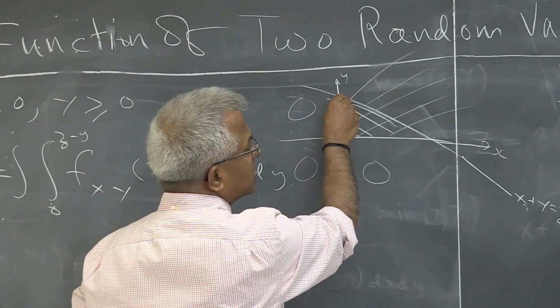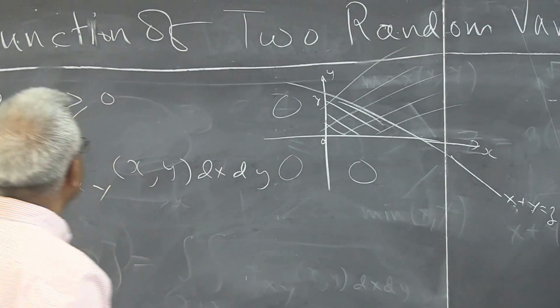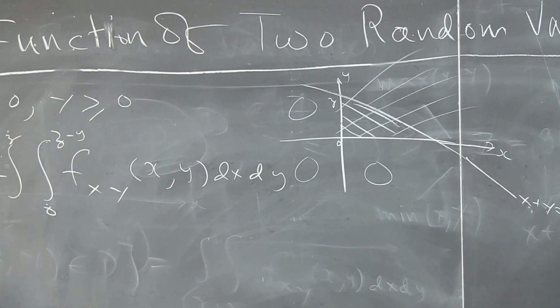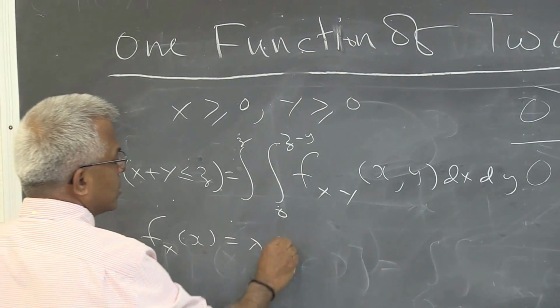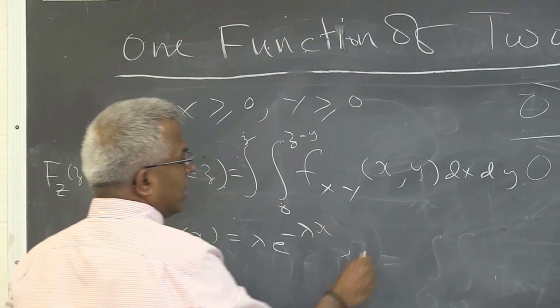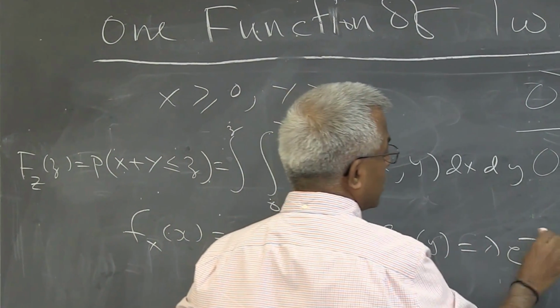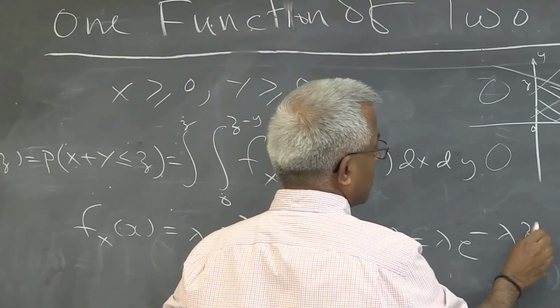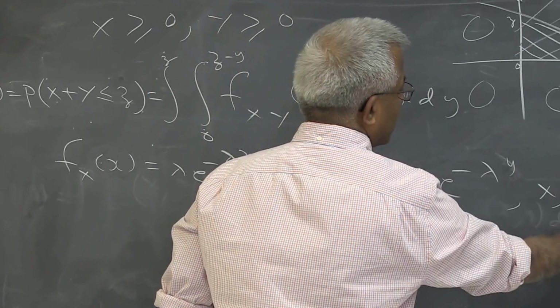Why is this z? Because if you put x equal to 0, you can see y is z. So let's say fX(x) is exponential and fY(y) is exponential, and X and Y are independent.